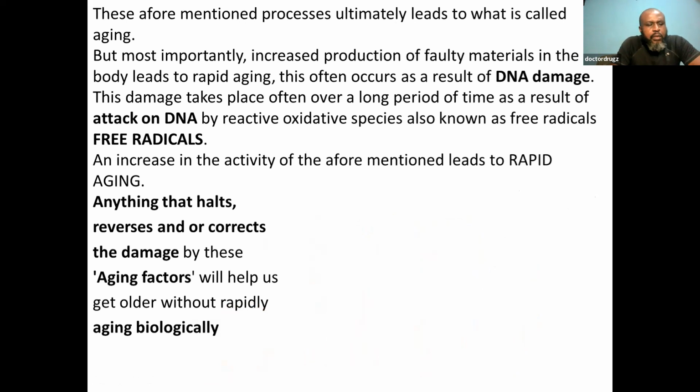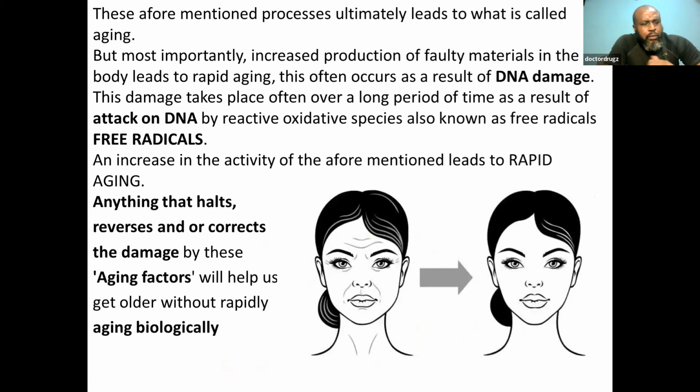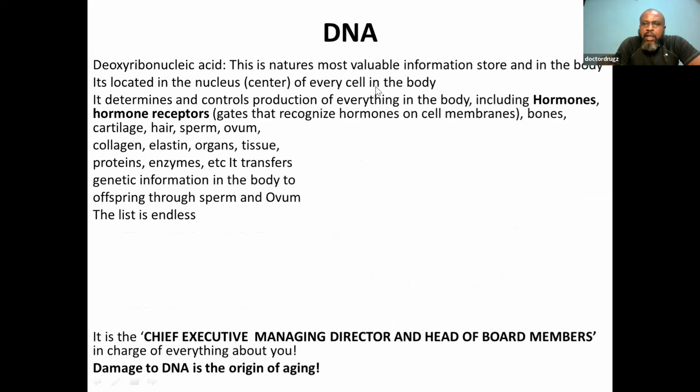Now, by definition, as we initially said, aging has to do with processes that involve deposition of unwanted materials in the body, depletion of wanted materials, as well as damage to DNA, which is very, very important in our bodies.